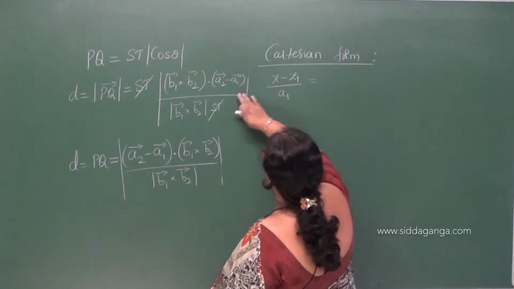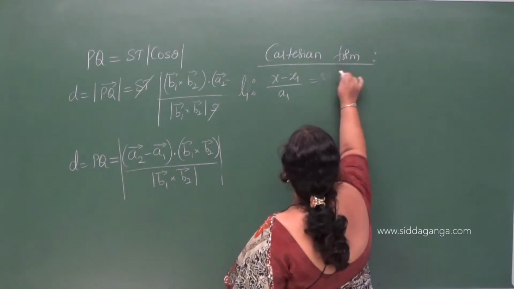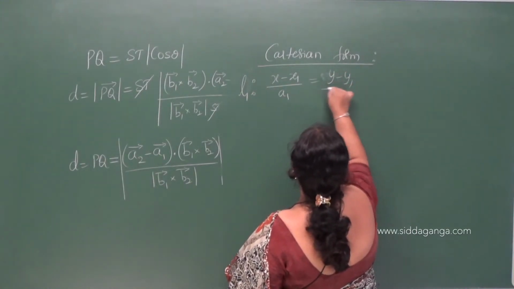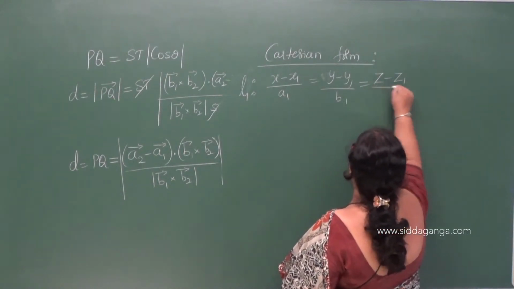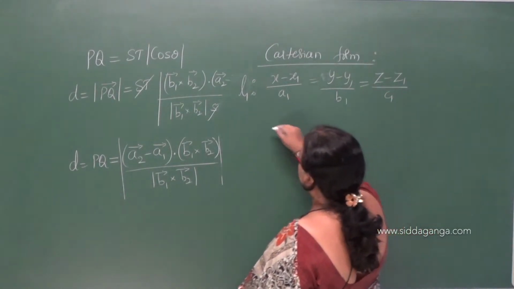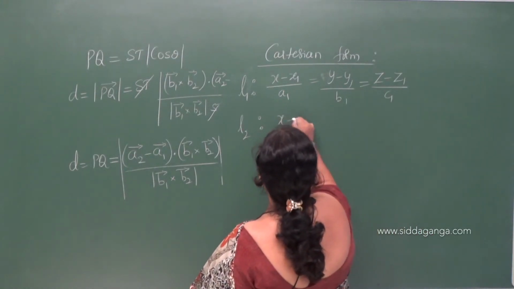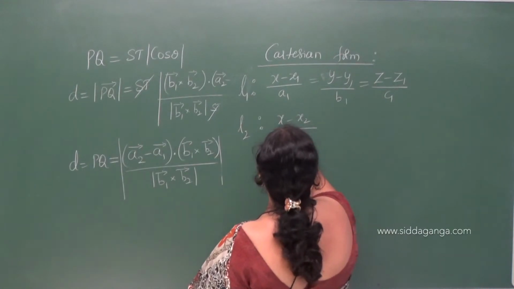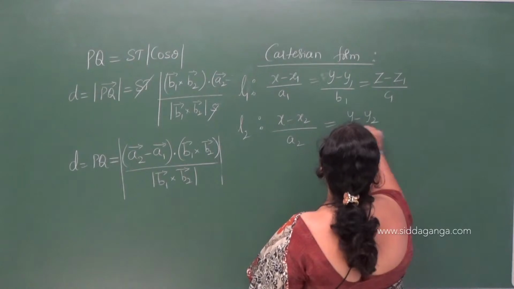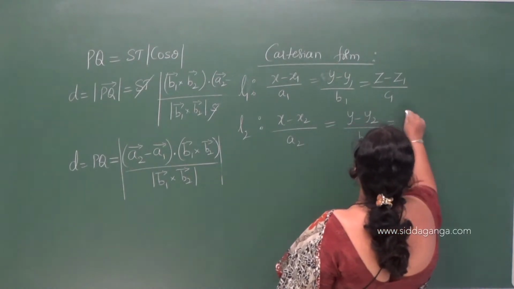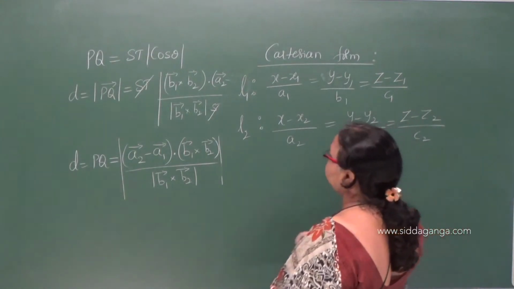So this is the line L1: x minus x1 divided by a1 equal to y minus y1 divided by b1 equal to z minus z1 by c1. You take the second line as x minus x2 divided by a2 equal to y minus y2 divided by b2 equal to z minus z2 divided by c2.